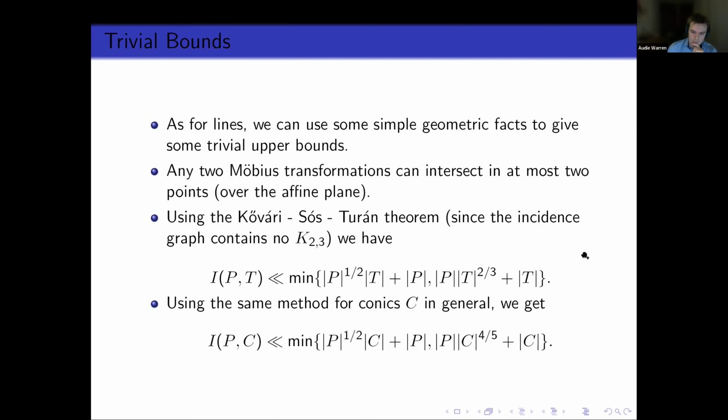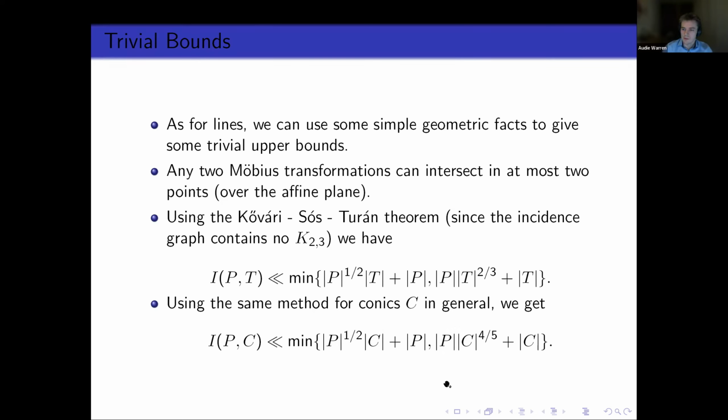Now, Möbius transformations are a subfamily of the conics. If we were to do this for conics in general, we would change out our 2/3 here for a 4/5. But again, we still have this thing that P here appears with an exponent of 1 and T here appears with an exponent of 1.